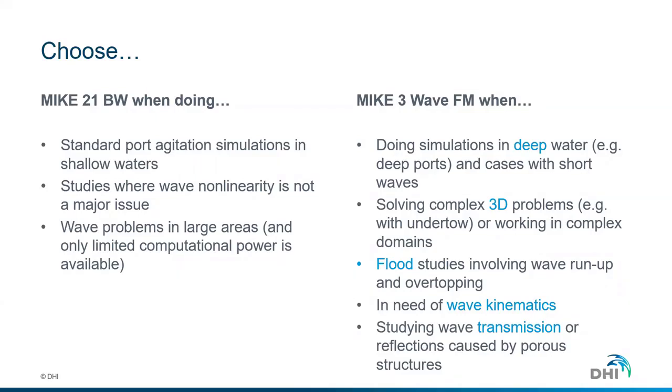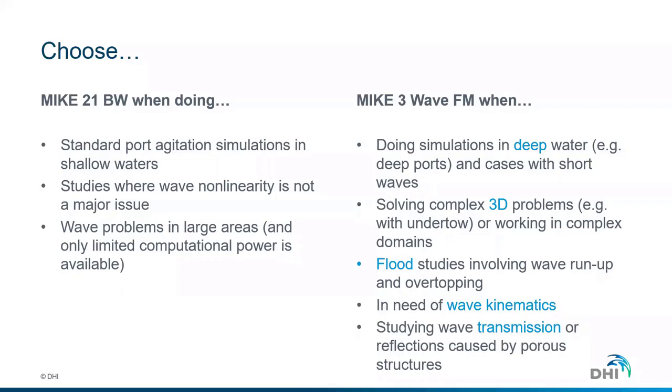Since even though we have this highly parallelized MIKE 3 Wave FM, it is still a high resolution model. It is not a regional model. It is used for more small scale applications.